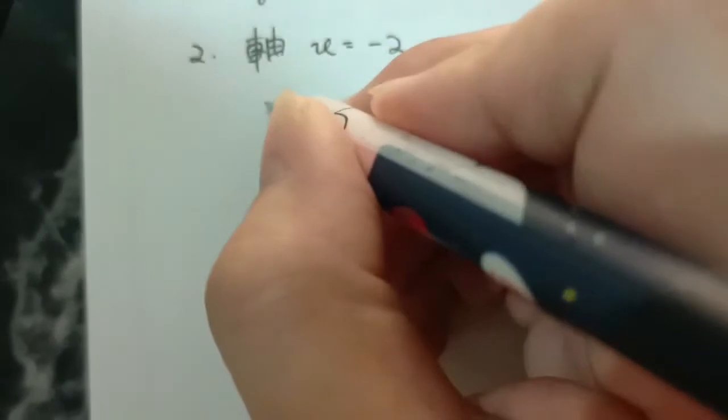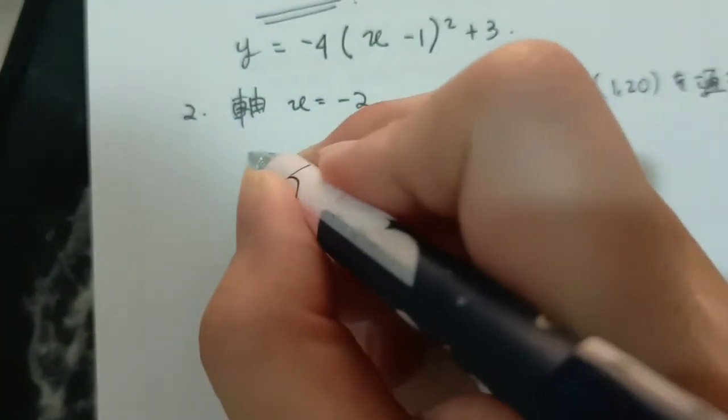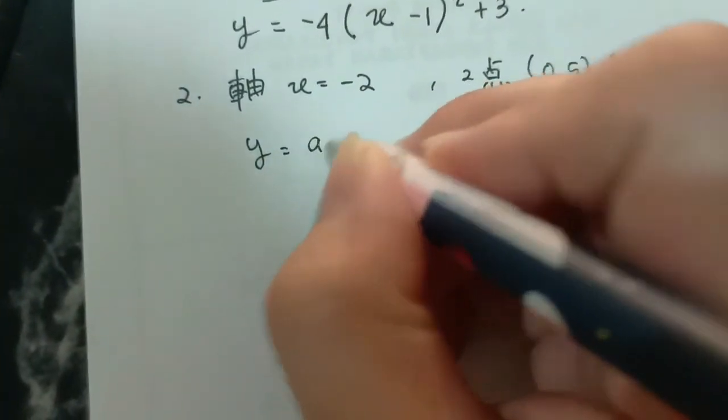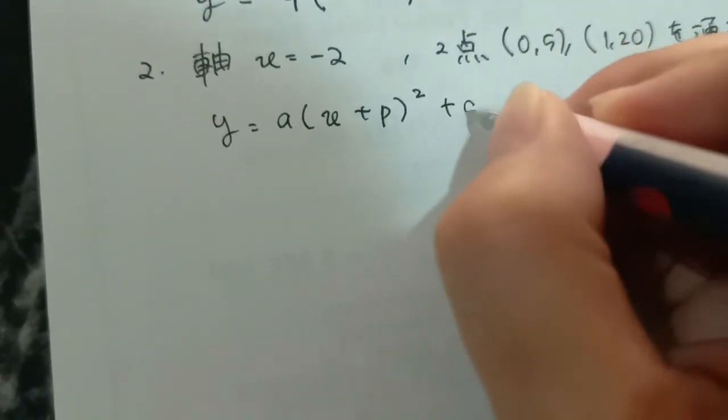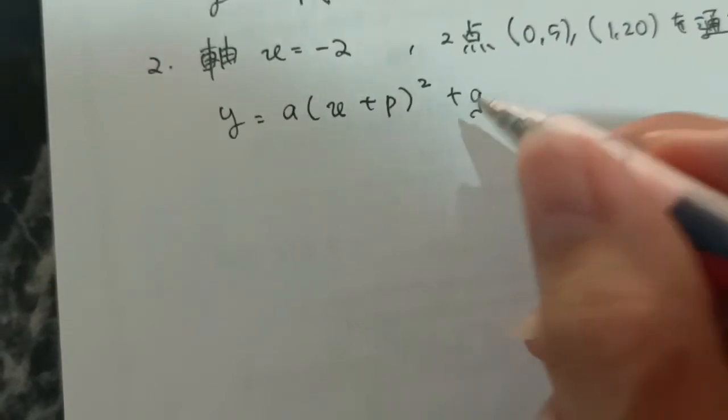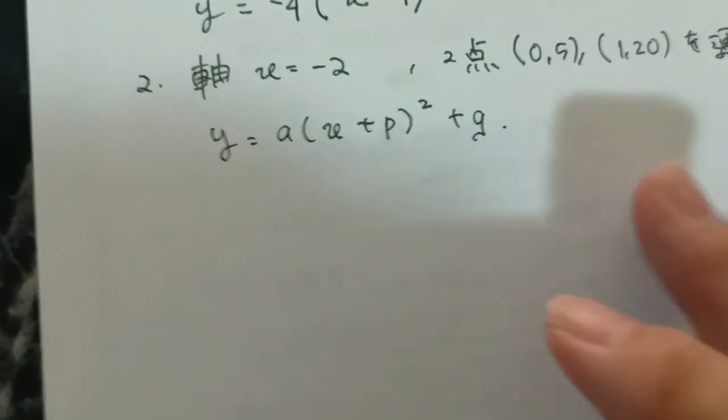We write down the formula first: y is equal to a(x + p)² + q. Always start with the formula, otherwise you'll get confused.